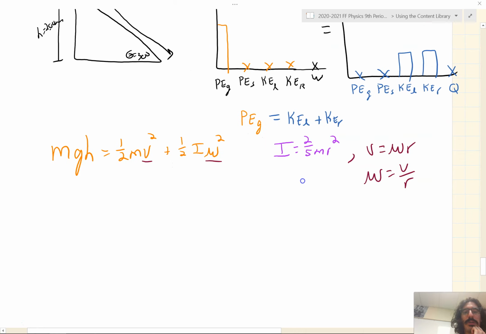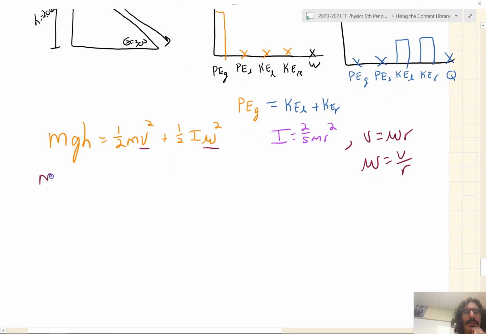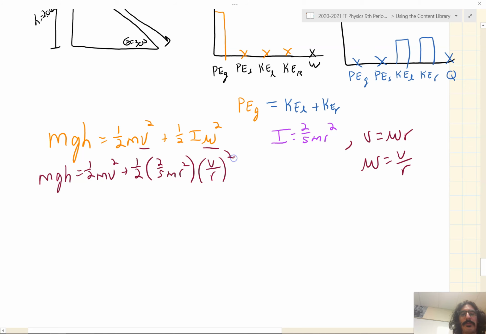So let's plug in those variables first. mgh equals 1/2 mv squared plus 1/2 I, which is 2/5 mr squared, times omega squared, and omega is v over r, so times v over r squared.